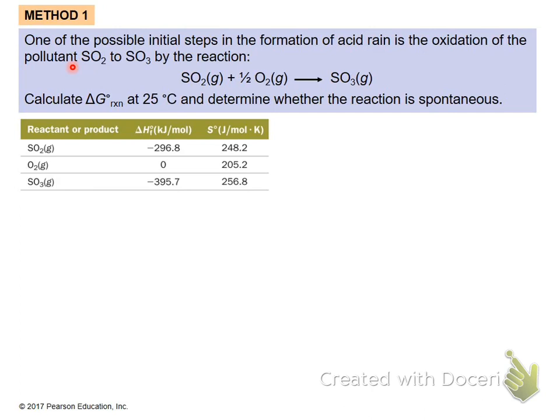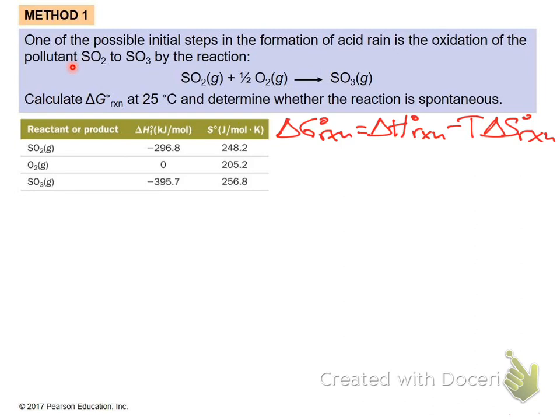So we're going to use the first equation here. Delta G of reaction is equivalent to delta H of reaction minus T delta S of reaction, again all in their standard states.